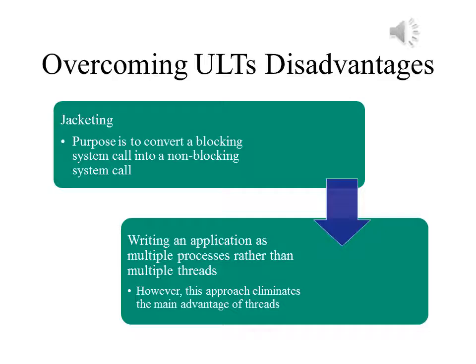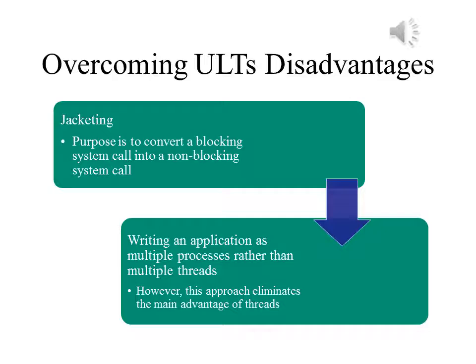Another way to overcome the problem of blocking threads is to use a technique referred to as jacketing. The purpose of jacketing is to convert a blocking system call into a non-blocking system call. For example, instead of directly calling a system input-output routine, a thread calls an application-level input-output jacket routine.